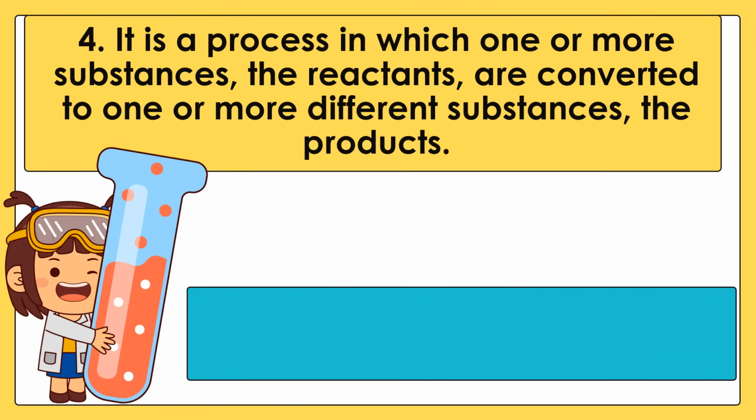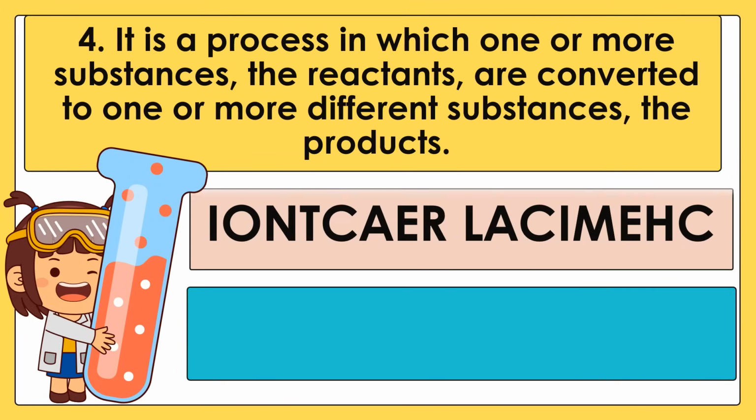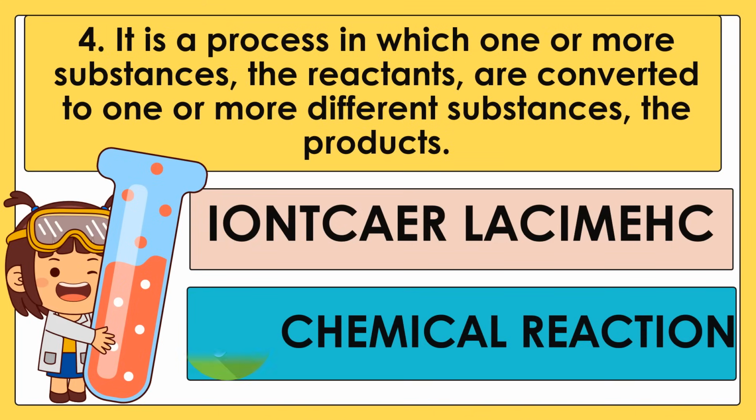Number 4. It is a process in which one or more substances, the reactants, are converted to one or more different substances, the products. What is the answer? Correct.